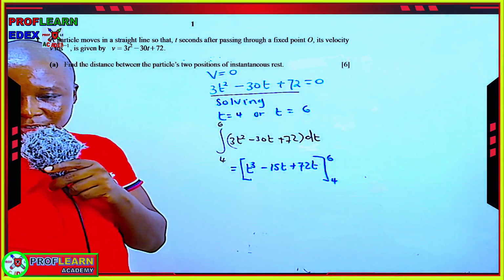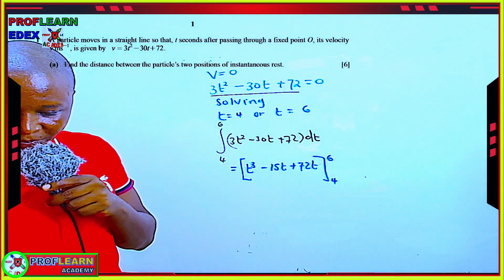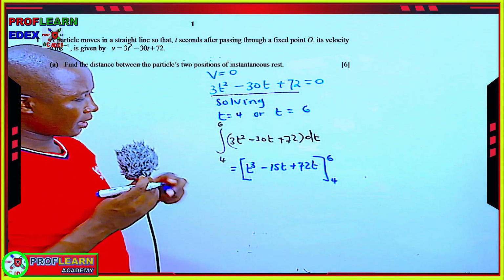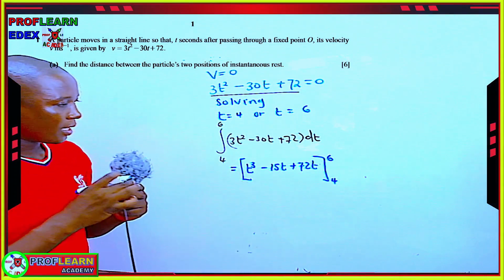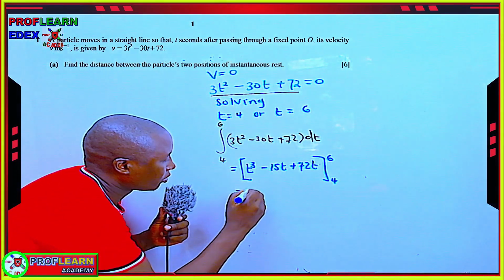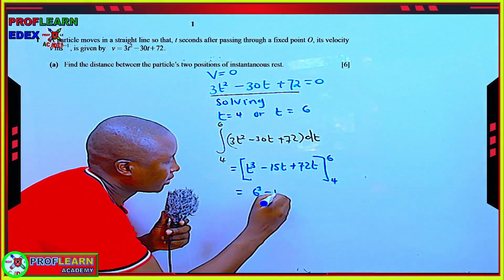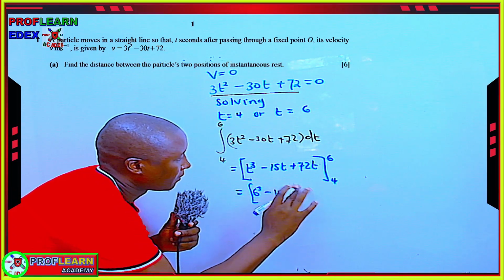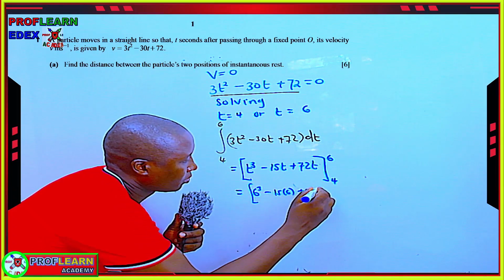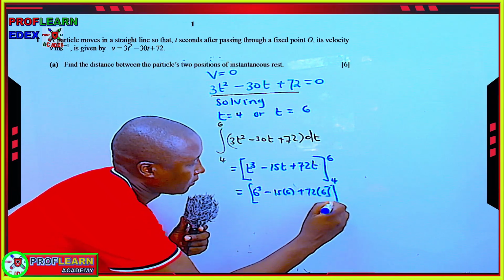Now if you substitute this into your calculator, this is going to be equal to 6³ − 15 into 6² plus 72 into 6.